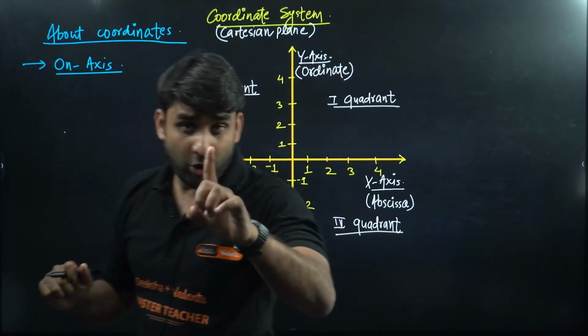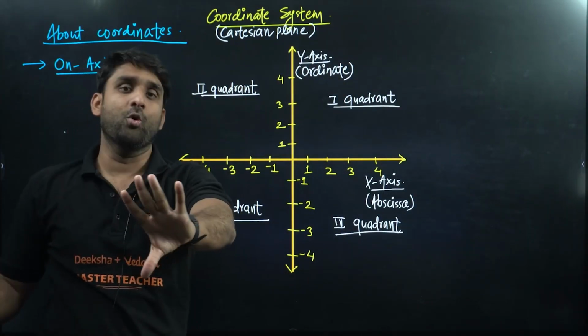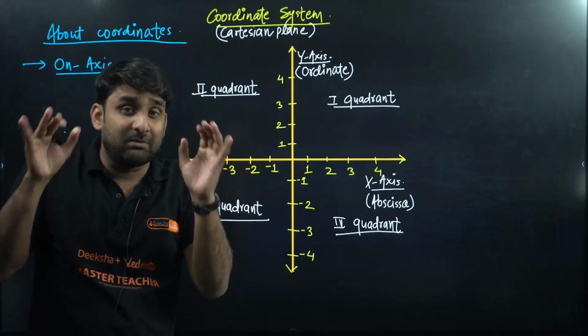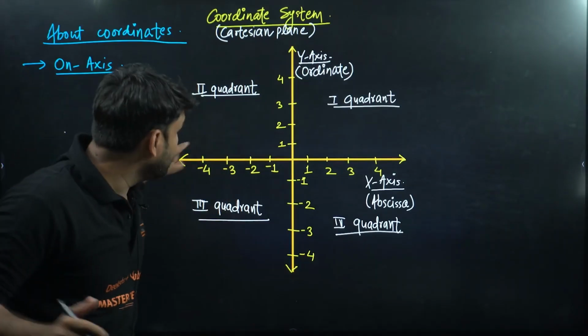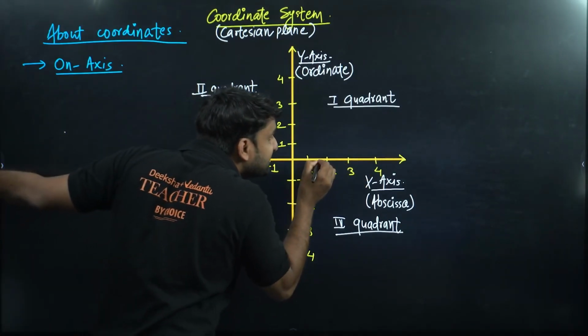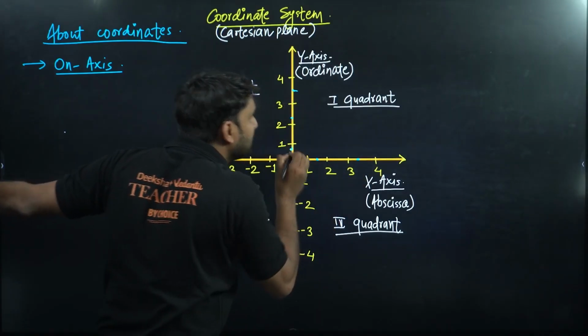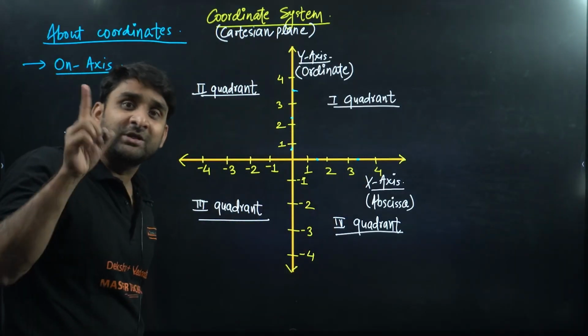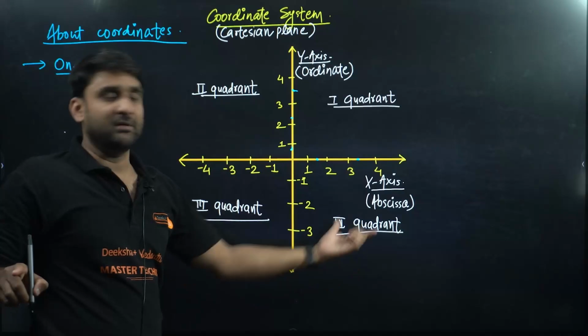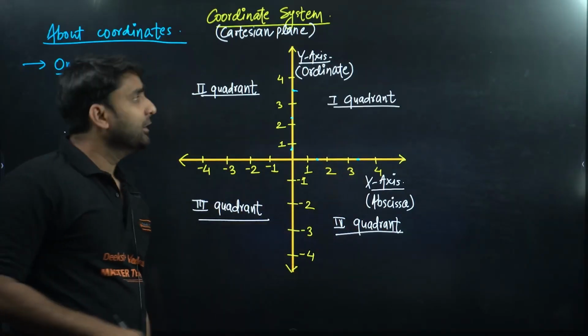I am not talking about R being in a quadrant. No. Now the point is on the axis, on the line itself. Imagine here, or here, something like this. The point is on the line, whether the line is the x-axis or the y-axis.